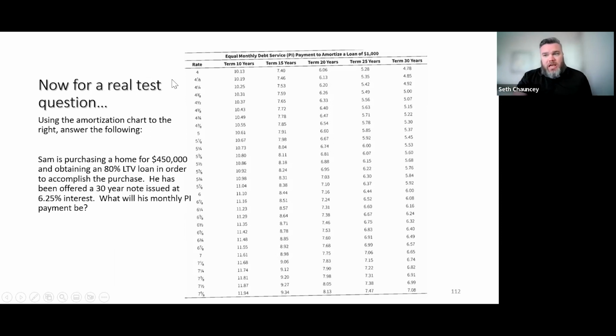Now, this is a multi-step math problem, but because this chart's so hard to follow, I'm going to help you with the loan factor. Then I want you to figure out the answer. It is 30 years. And one other thing, you got to understand how decimals and fractions correlate. 0.25 is the same as saying and a quarter. So 6.25%.